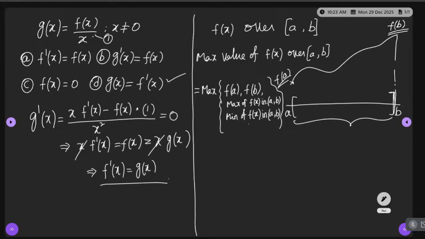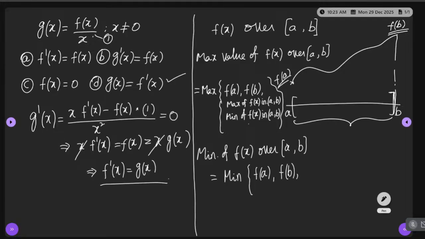Next, minimum of f of x over closed AB is equal to minimum of f of a comma f of b comma maximum of f of x in open AB comma minimum of f of x in open AB.